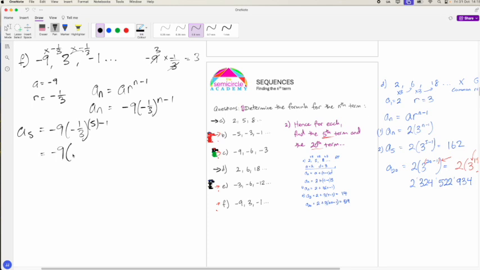Negative 9 times negative a third to the power of 4. 5 minus 1 is 4. And I will just do that in the calculator here. And the final answer is negative 1 on 9.